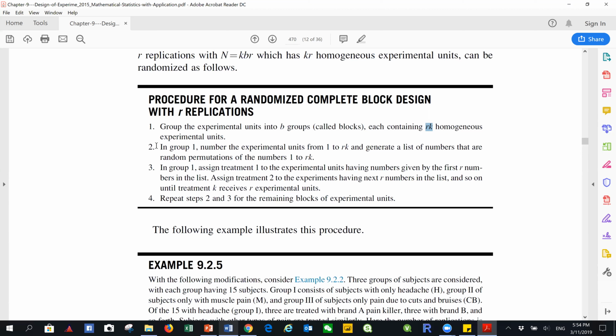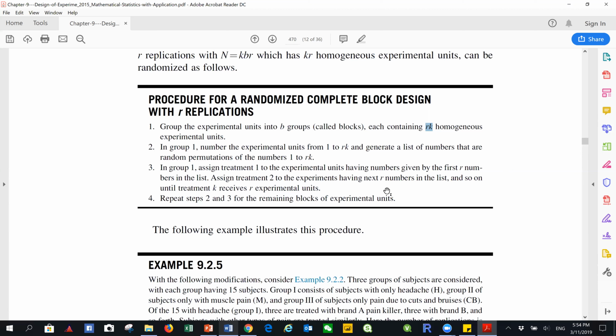Then in group 1, number the experimental units from 1 to RK, and generate a list of numbers that is a random permutation of the numbers 1 to RK. Then in group 1, assign treatment 1 to the experimental units having the numbers given by the first R numbers in the list, and assign treatment 2 to the experimental units having the next R numbers.